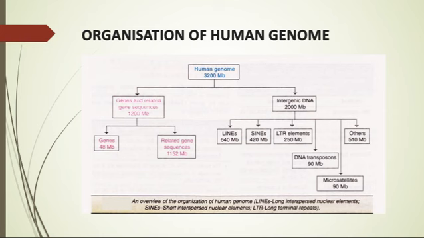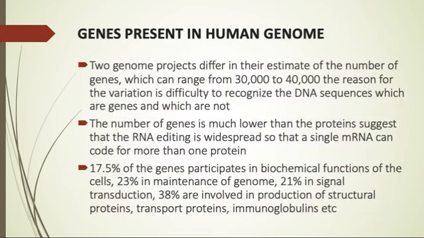Next, we'll go on to the genes that are present in the human genome. The two human genome projects differ in their estimate of the number of genes, which can range around 30,000 to 40,000. The reason for the variation is that it is difficult to recognize which DNA sequences are genes and which are not genes.